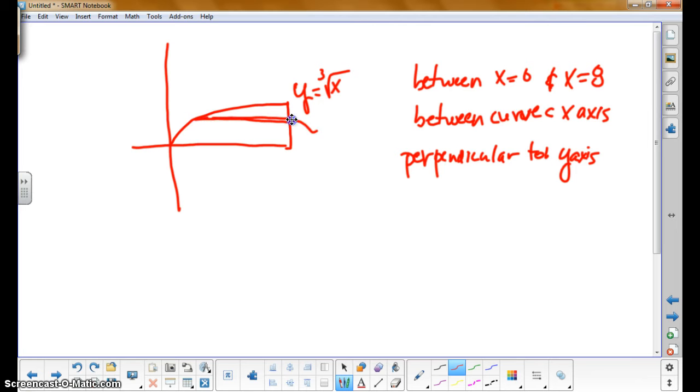And so what we'll be integrating over is dy instead of dx. And our shape is a rectangle that is twice as long as it is wide.